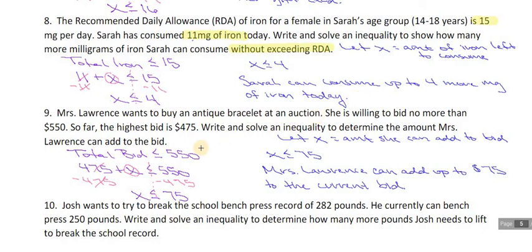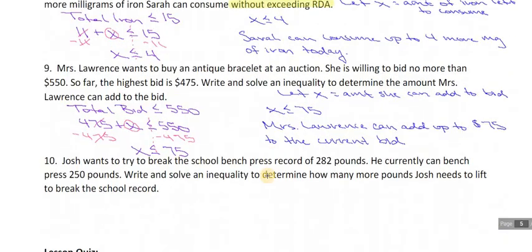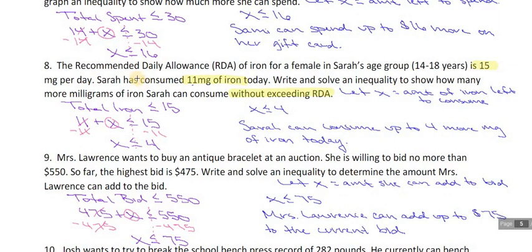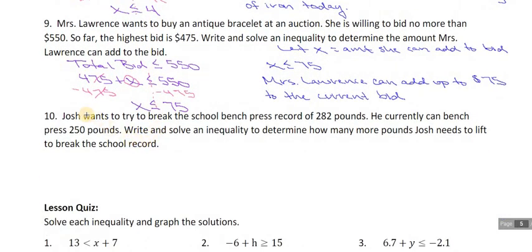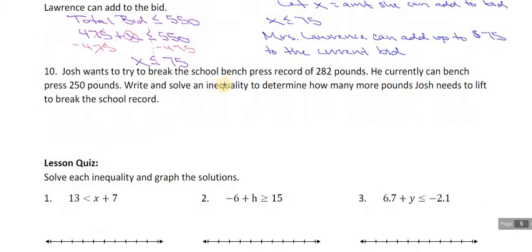All right, and last but not least for this particular lesson is number 10, and number 10 is going to be a greater than situation. So our first 3 word problems were all less than, and actually less than or equal to. Number 10 says that Josh wants to try to break the school bench press record of 282 pounds. So to break a record, you need to bench more than that 282 pounds.